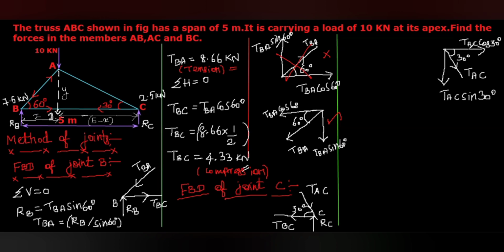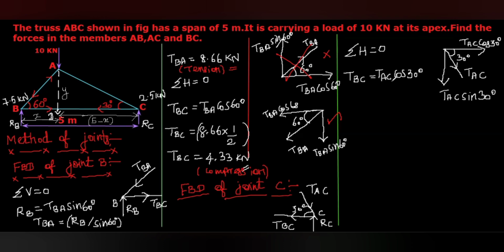Here, TAC cos 30 is acting right side, and TBC, the known force, is acting left side. So from this, we can take the summation of horizontal forces equal to 0. So the TBC, the force which is acting towards left side, equal to TAC cos 30 degree, which is acting towards right side.